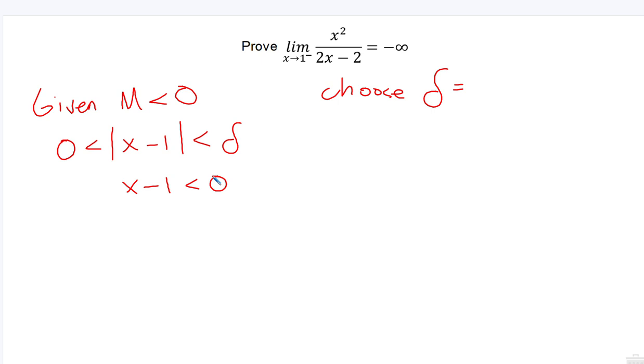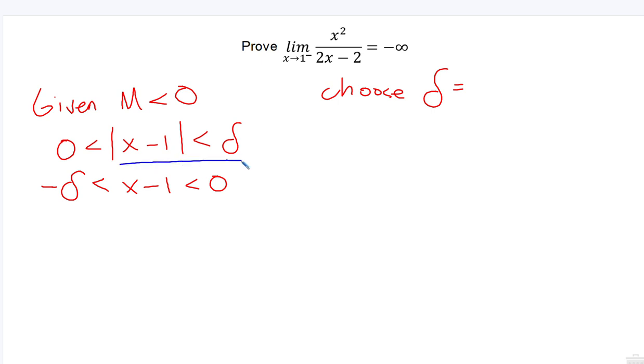Something less than 1 minus 1 is negative. But I should also be able to say that this is greater than negative delta, and that's how we would undo, like we did back with our absolute value inequalities.